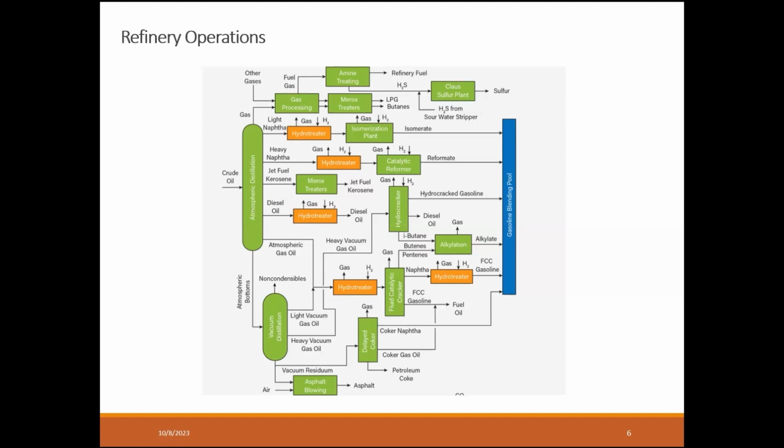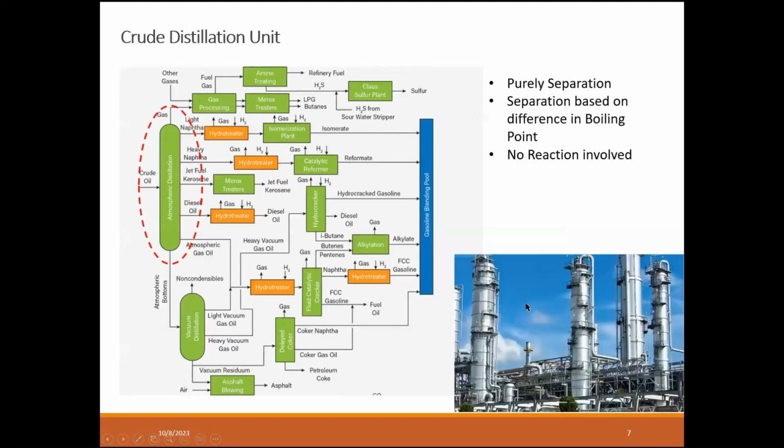All right. So this is a typical, I would say, refinery operation. It's not necessarily the exact setup for a refinery. Right, we start with the crude distillation unit. The main purpose of the crude distillation unit is basically to separate the crude oil into a wide range of products by boiling point.